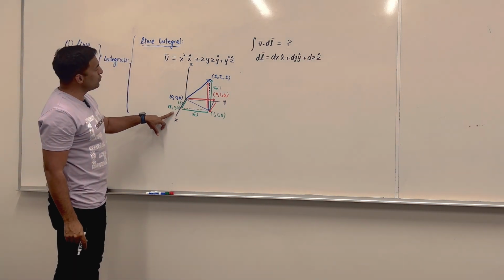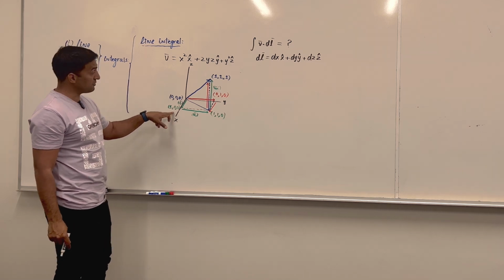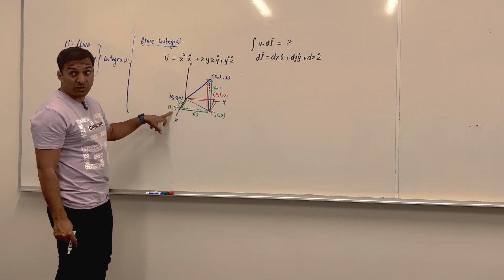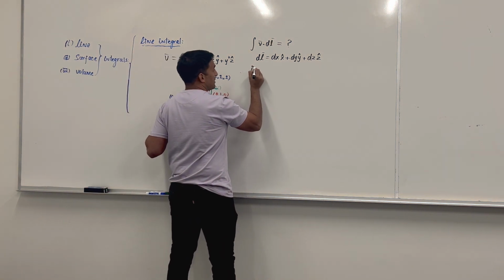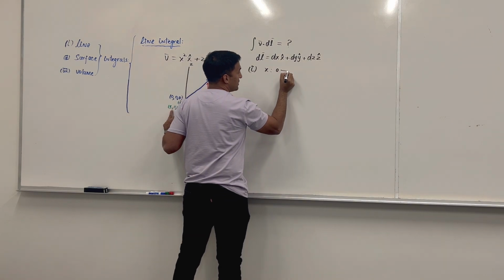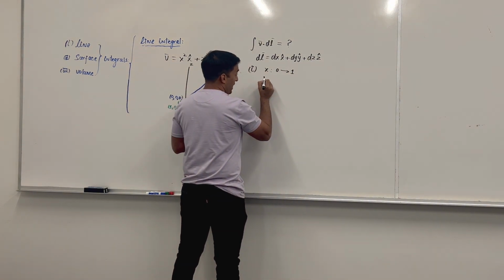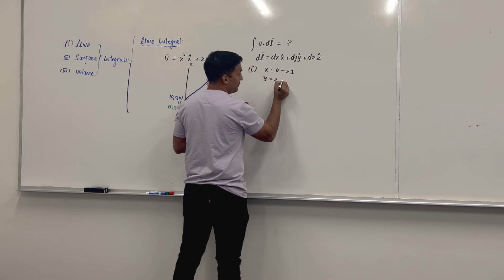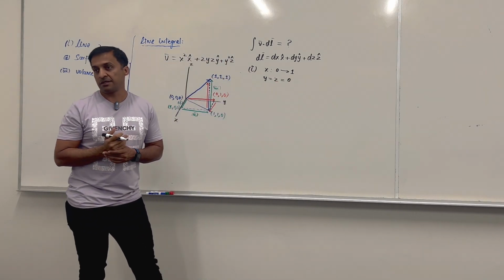So when we move along this first path, which takes us from coordinates 0, 0, 0 to 1, 0, 0, x goes from 0 to 1, x changes. But y and z, we have not traveled any distance along them, and so they are 0.